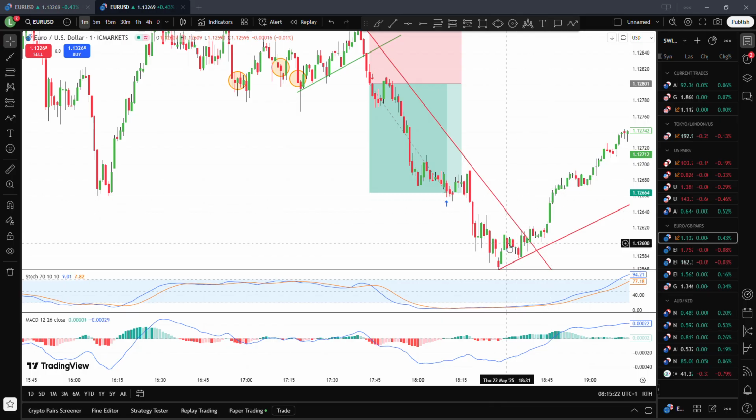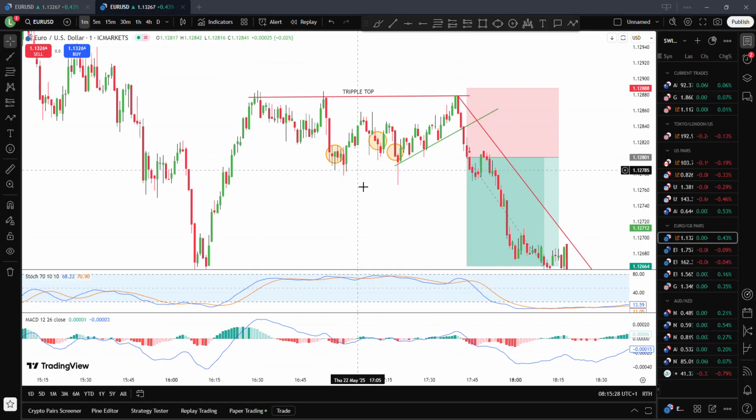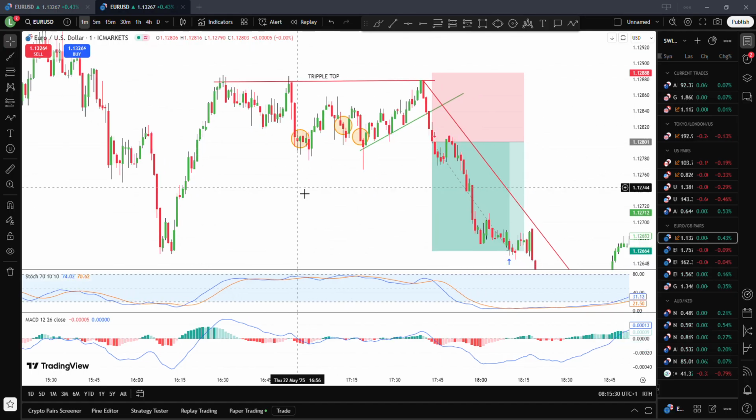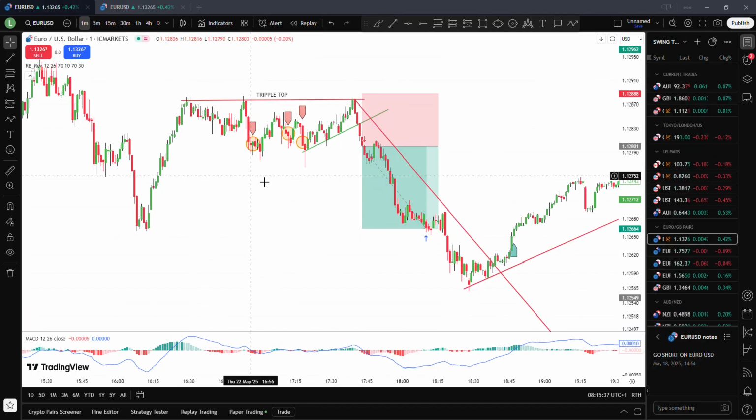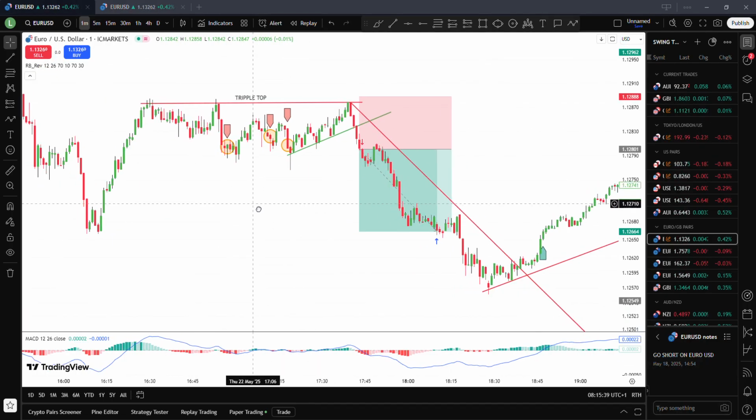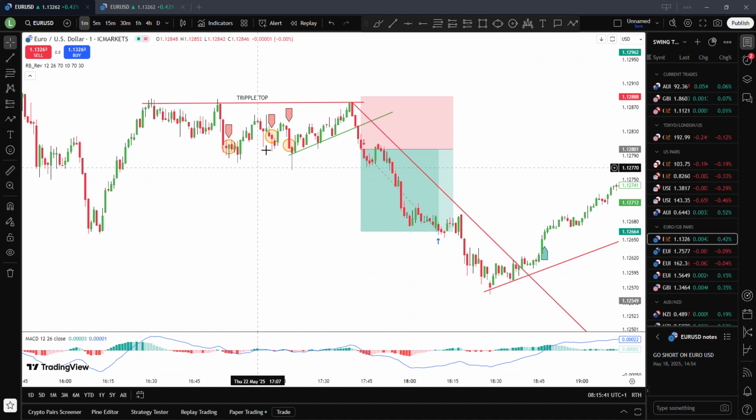We'll talk about this a little bit later, but let's have a look at what popped up when we looked at the Rob Booker signals. If we look at this chart where I've got the Rob Booker signal popping up, you've got 1, 2, 3, these little candles here. We didn't take this.